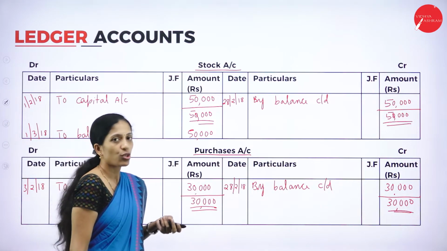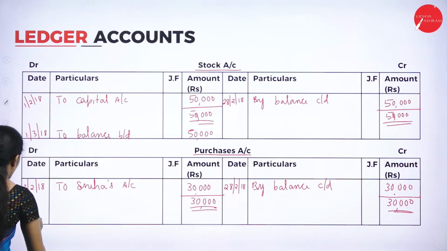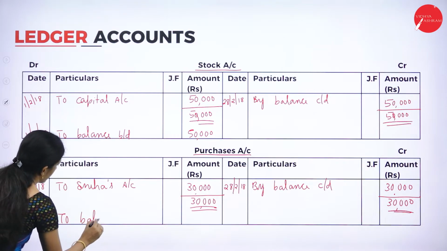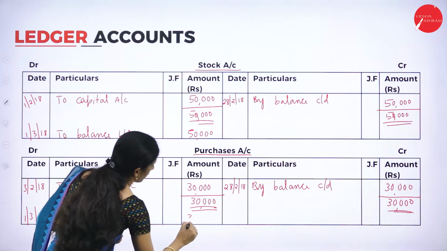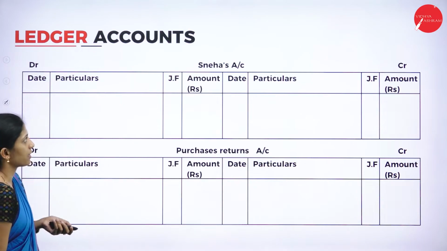Whatever the balance you have carried down here, bring down that balance at the beginning of next month. So 1/3/2018 to balance brought down. How much? 30,000. So we are done with the purchases account.